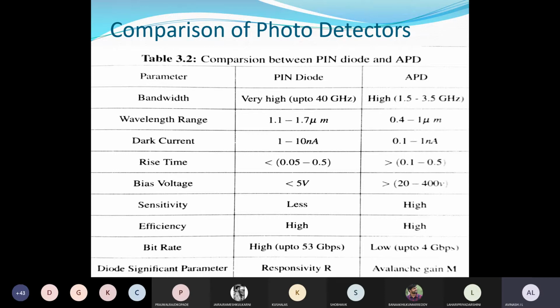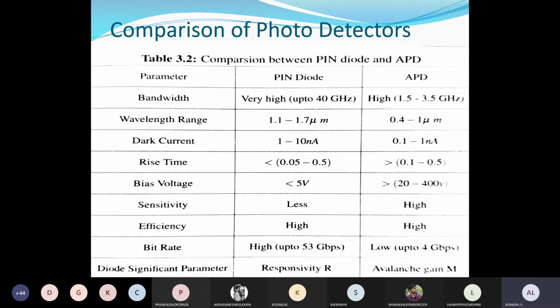What is that range? It is maybe 0.1 to 0.5. In the PIN diode, the rise time is 0.005 to 0.5 and lesser. But when you are talking about an avalanche photodiode, it is 0.1 to 0.5 or greater.